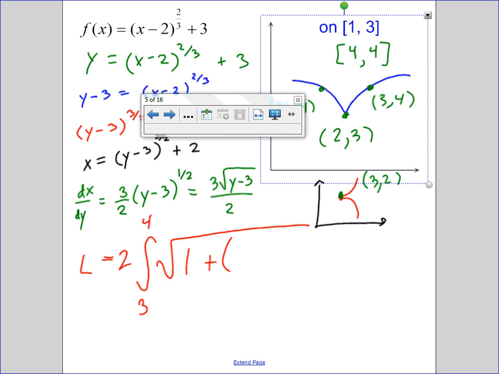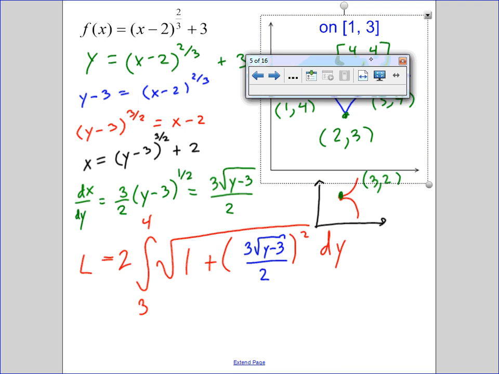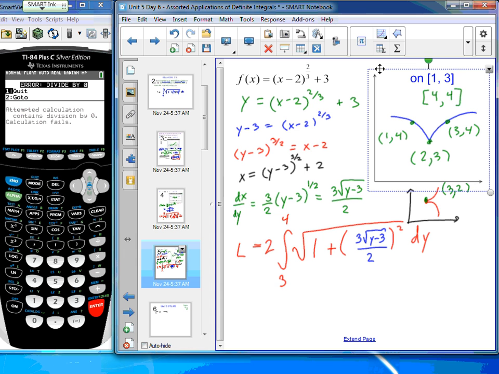What's that? Well, that is 3 root y minus 3 all over 2 quantity squared, dy.